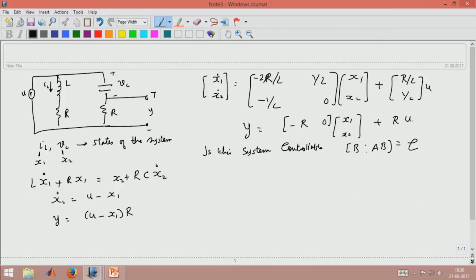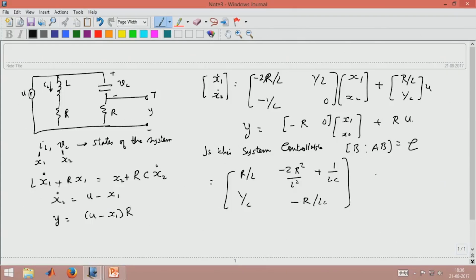So this C turns out to be in our case R over L, 1 over C. Okay, so this is the B, and then this is 2 R square over L square plus 1 over LC and minus R over LC.